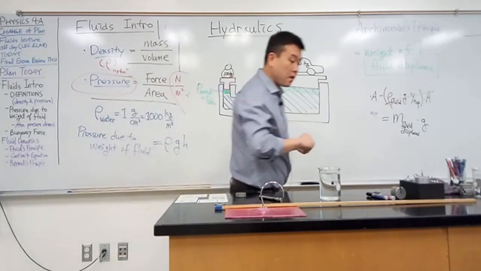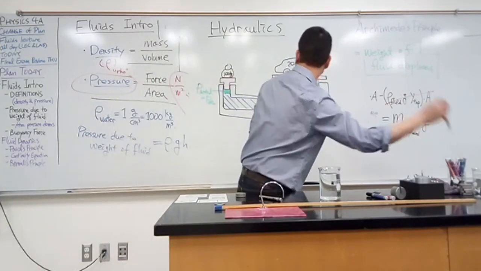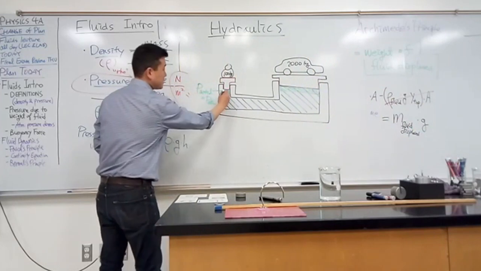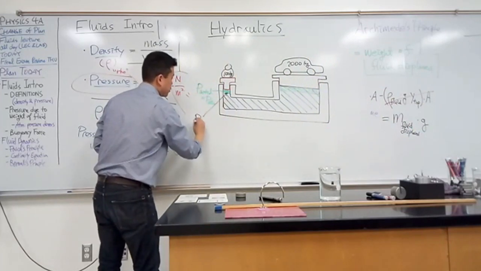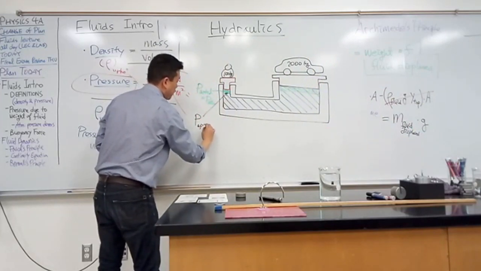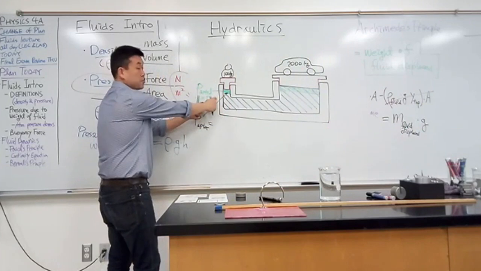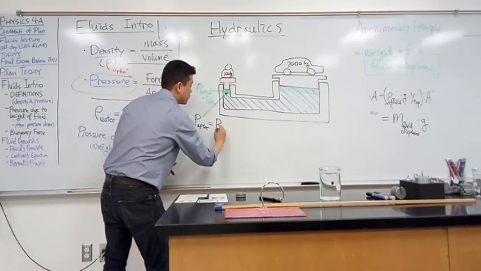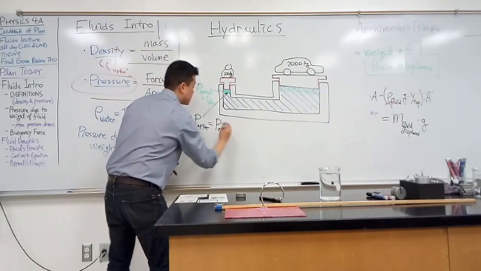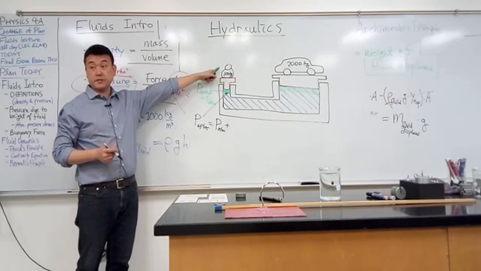So at this same spot, the pressure after the person gets on is going to be my initial pressure, the atmospheric pressure, plus the pressure due to this person.